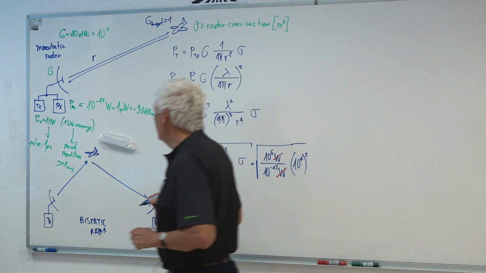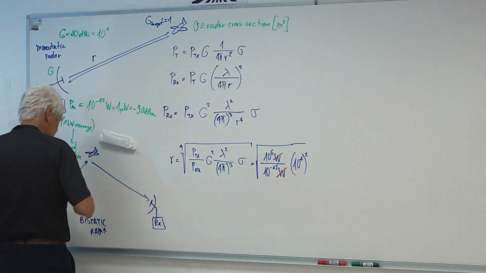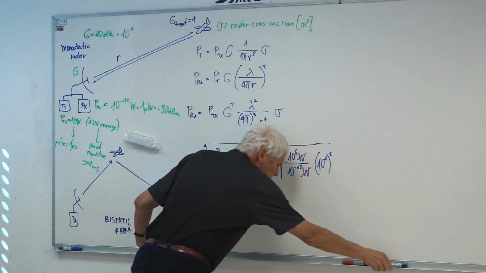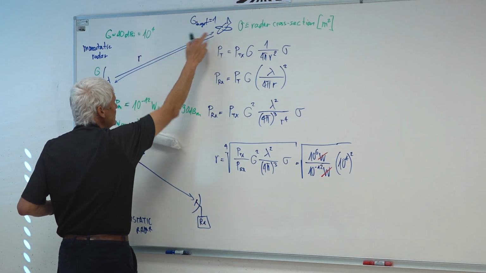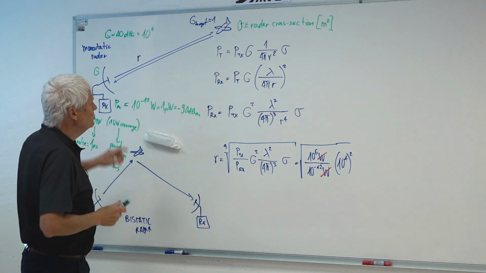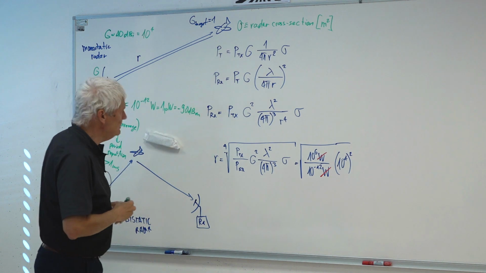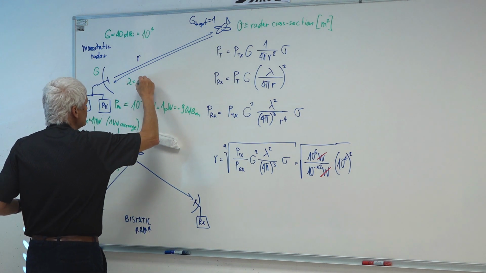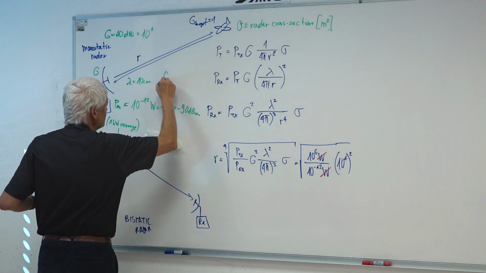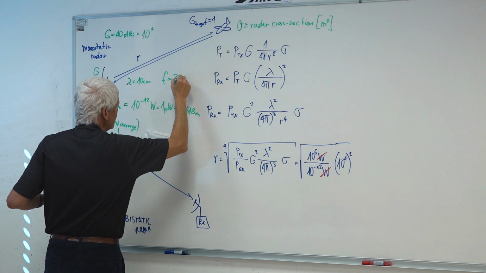Lambda, what is the wavelength here? I need this data. Aircraft radars are usually primary radars, radars that do not use any cooperating target. For aircraft they usually work at a wavelength of 10 centimeters, which is a frequency of around 3 gigahertz.